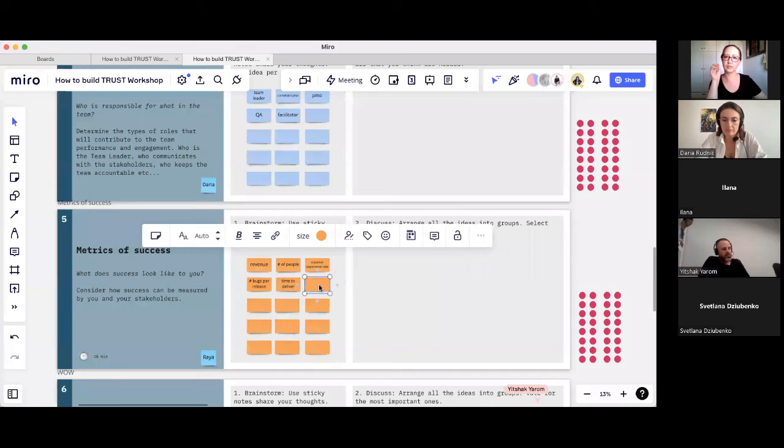Also this board you can use as a manager for your team, and also as a board for all managers. When you're sitting with the sales, with the marketing, with the operation, what are the metrics for success for everyone?